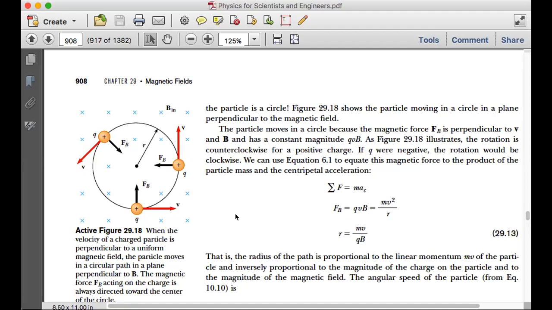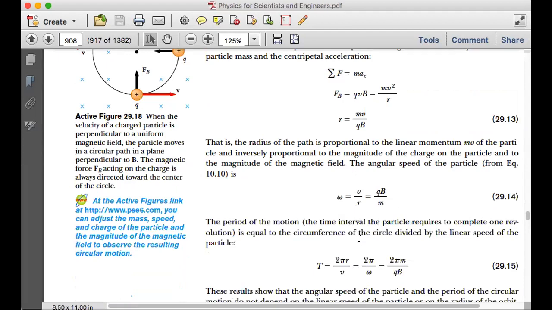So the magnitude of this radius depends on the mass, on the speed or velocity of the particle, and on q and B. Okay.